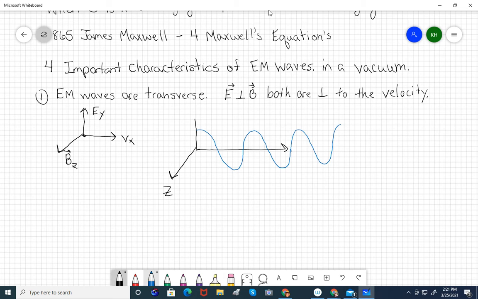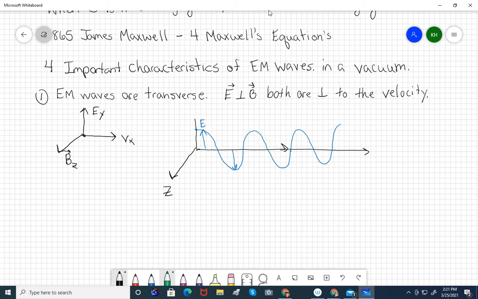Not perfect, but you get the gist. There's its maximum value and it's oscillating up and down like this. Straight up, straight down.